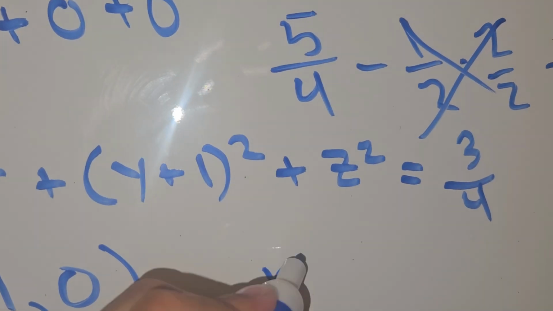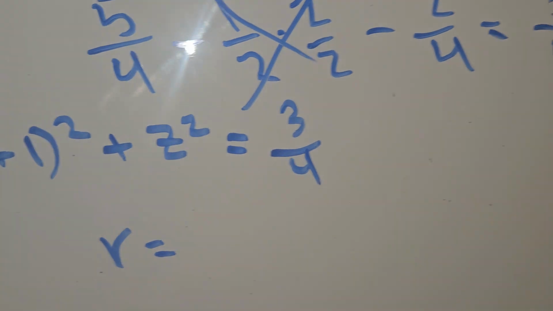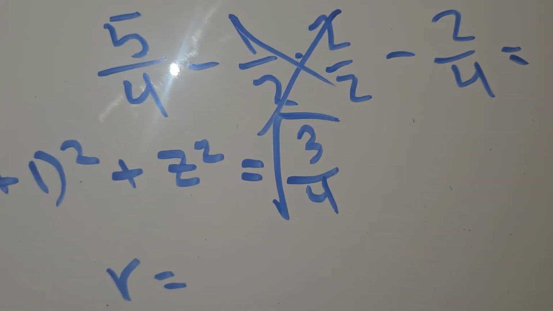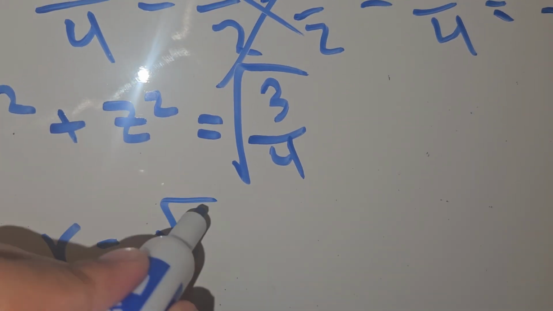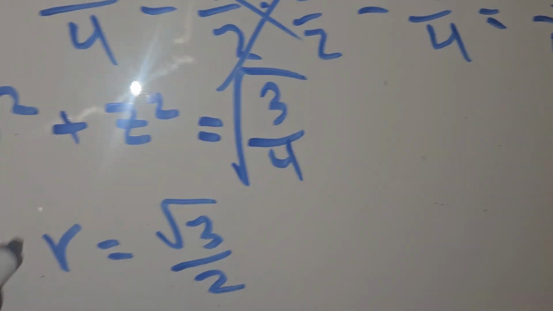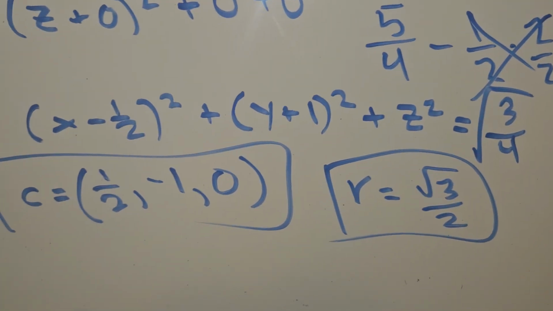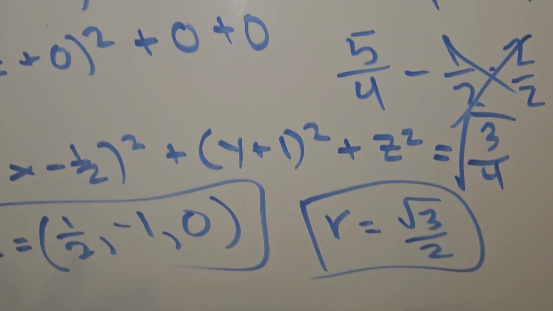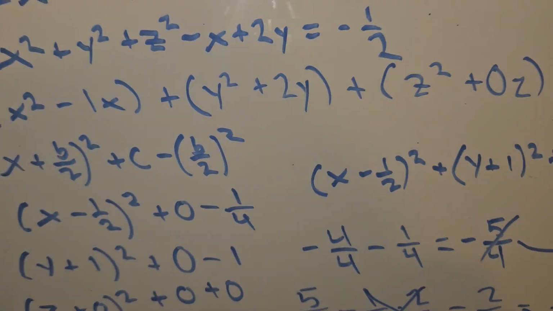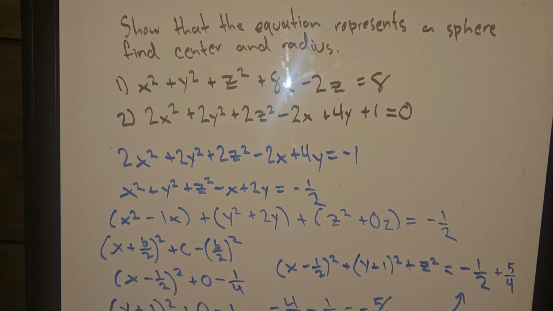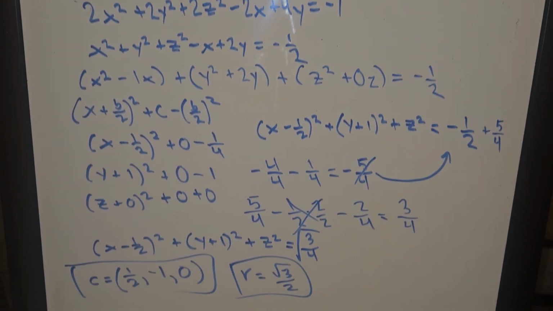And then for our radius, just take the square root of this. Take the square root of that if you want the radius. That's going to be square root of 3 over 2. Actually, let me confirm if this is correct. So that is correct. So that is how you solve this stuff using completing the square. So yeah, that's it.